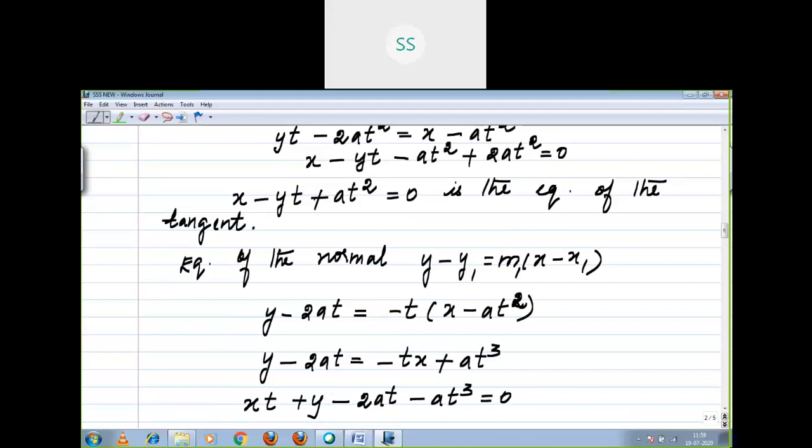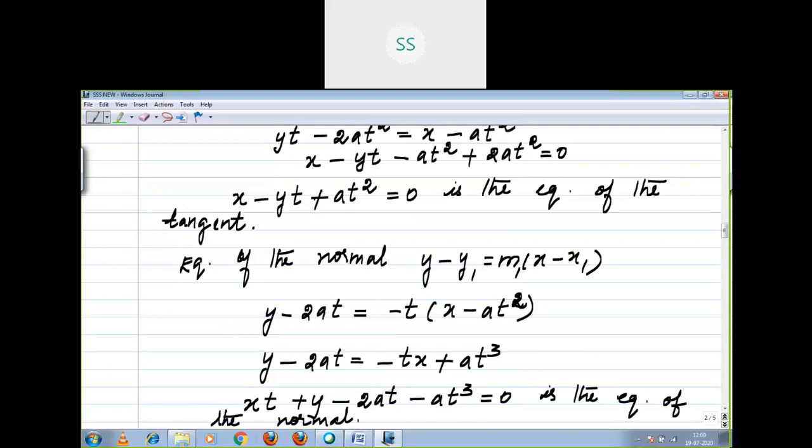You shift all the terms to this side. What can you get? tx plus y minus 2at minus at³ equal to 0 is the equation of the normal.